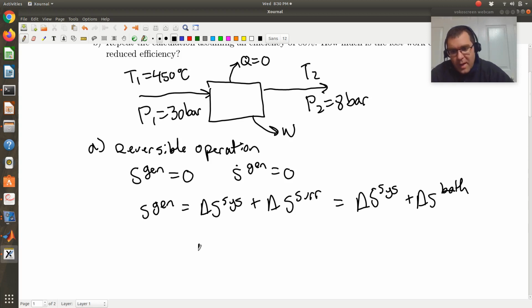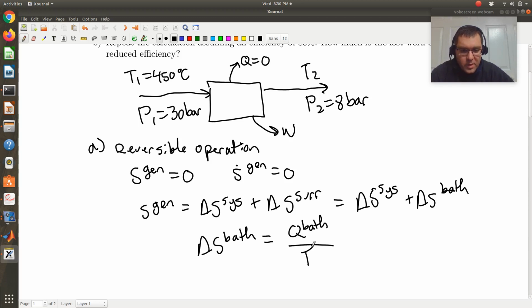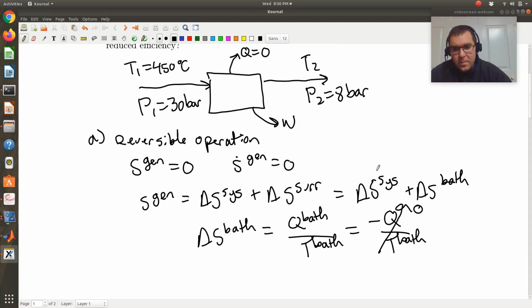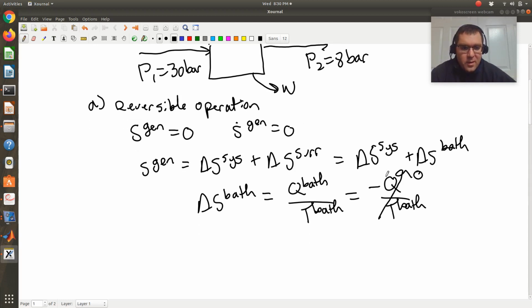Okay, well, for a bath, delta S of my bath is equal to Q bath over T bath, where Q bath is equal to the negative Q of my system. Okay, and since operation is adiabatic, Q is going to be equal to 0. So delta S of my bath is just equal to 0. So I'm left with S-gen is equal to delta S of my system, which is equal to 0.